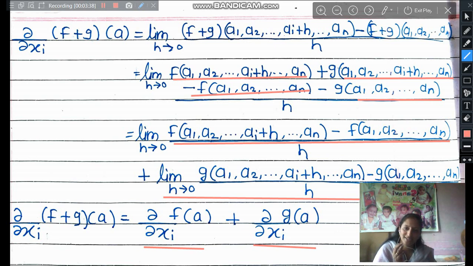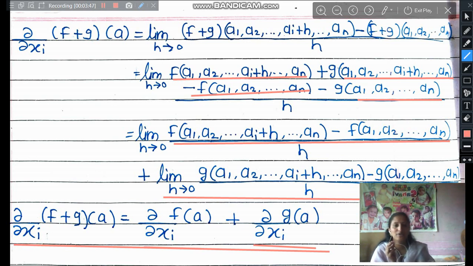So this is quite simple. We solved the first part of that theorem: ∂/∂xi operated on f plus g at a is equal to ∂f/∂xi at a plus ∂g/∂xi at a.